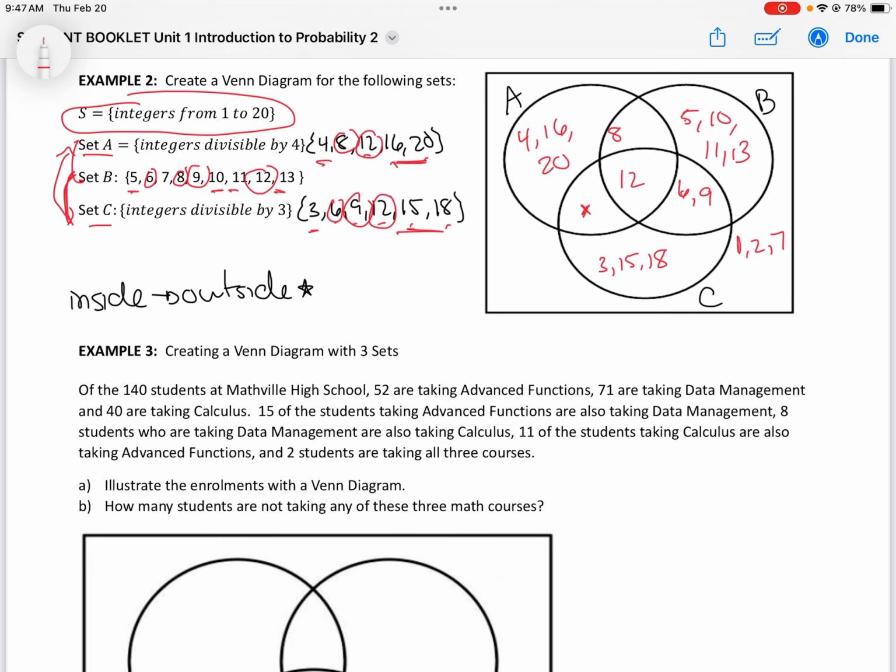It should be instead B. Oh, we left out this 7. This 7 should be here. Perfect. Okay. 8, 9, 10, 11, 12, 13. We don't have a 14, so we have to put that outside of the circles. 15, 16. I don't think we have a 17, 18, and then a 19. Okay, so this is our Venn diagram.